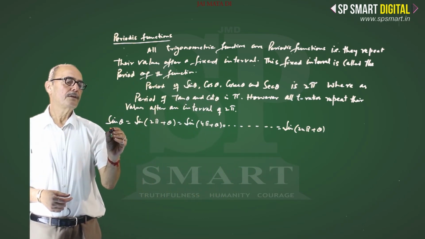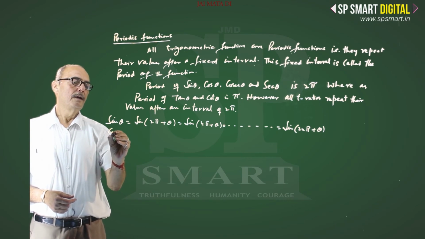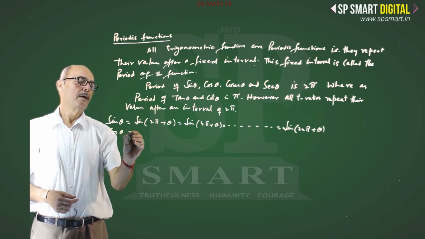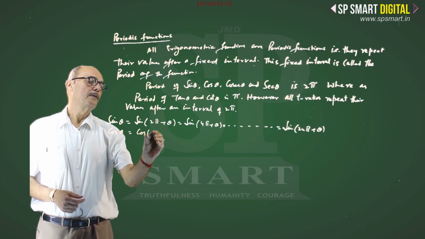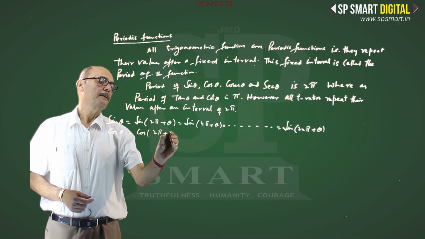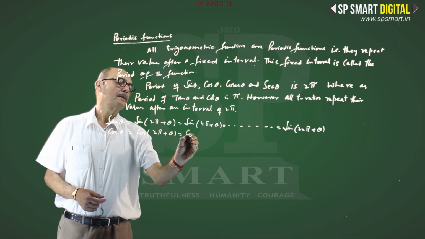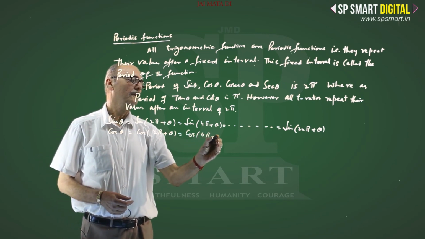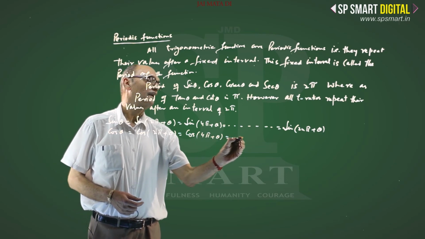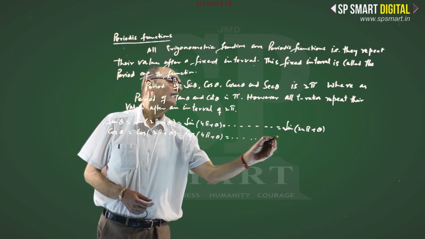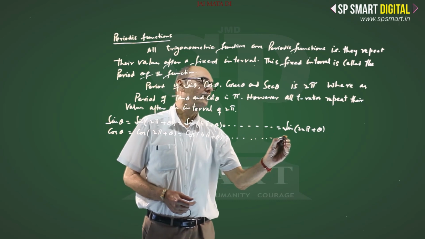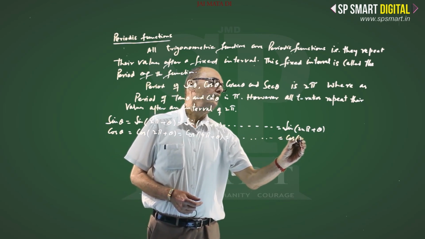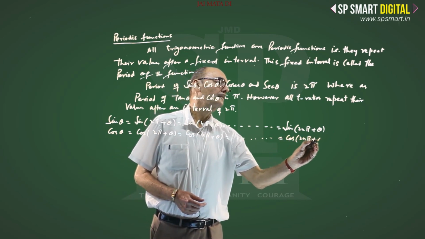Then cos of theta has cos of 2 pi plus theta, cos of 4 pi plus theta, and so on, cos of 2n pi plus theta.